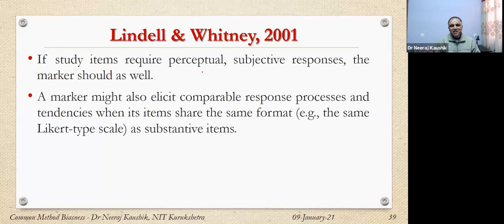If your item requires a perceptual, subjective response, the marker should also require a perceptual response. Means if they are asking for thinking something, the marker variable should also be so. That's why some initial marker variables were taken like age, salary, gender. They said, no, no, you are measuring something like politics.